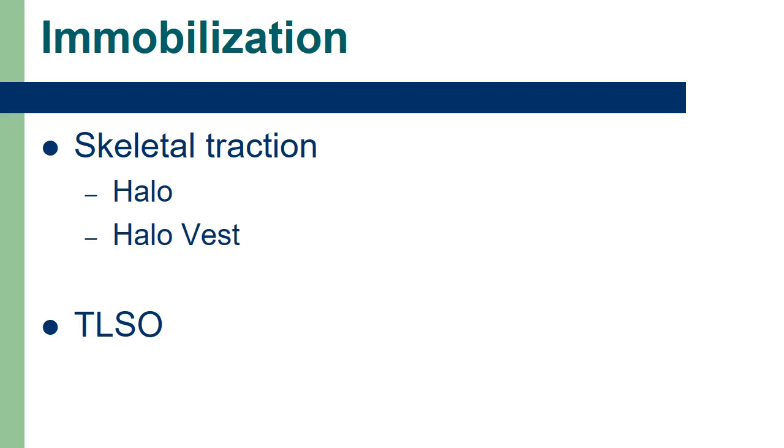That's a thoracic lumbosacral orthotic device that they're going to put them in. And again, the goal here is to keep them stable and keep them from flexing and extending and rotating, and again, keeping them from re-injuring this area, allowing it to heal.